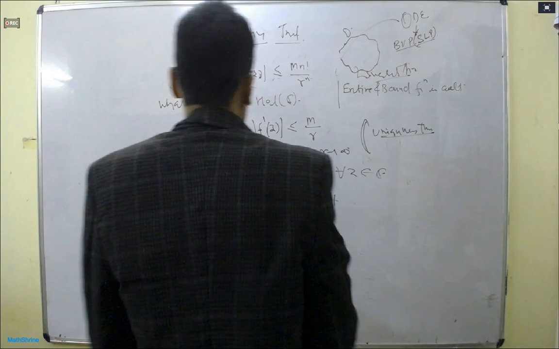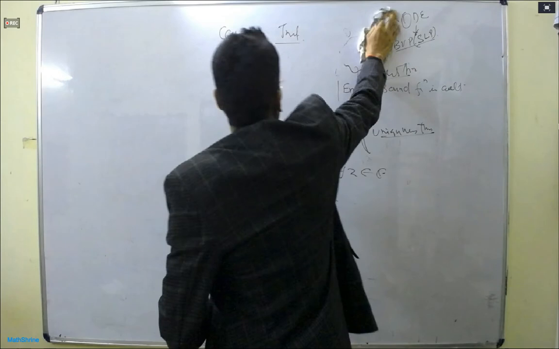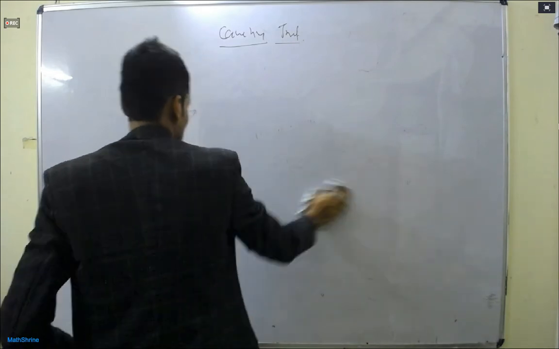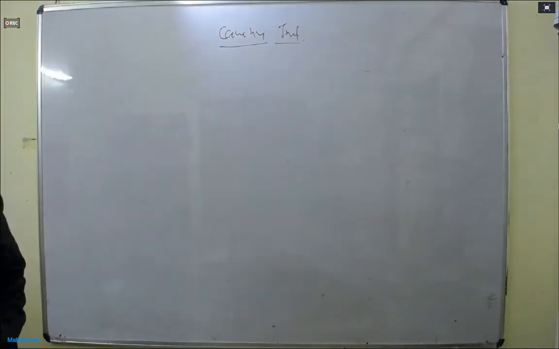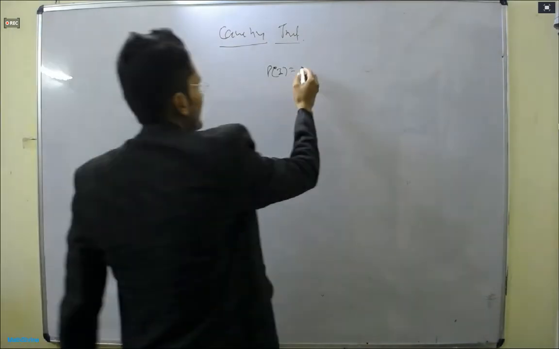Anyway, so one question. If I give you a polynomial p of z, of degree 4, z to the 4 plus z cube plus z square plus z plus 1 equal to 0, my question is, can you say something about the factorization?